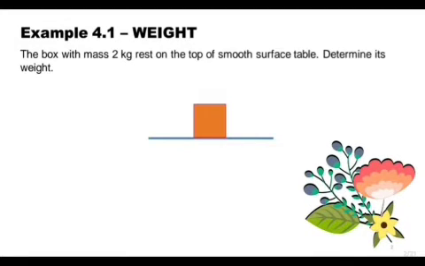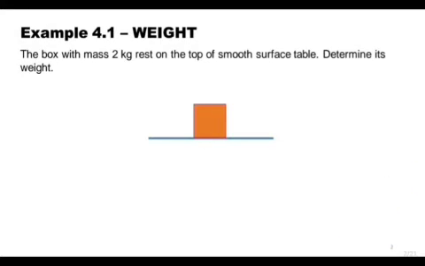Example 4.1 Weight. The question states the box with mass 2 kg rests on the top of smooth surface table. Determine its weight. From the question, the information we get is mass of the box equal to 2 kg. To determine the weight, we are using formula of weight.